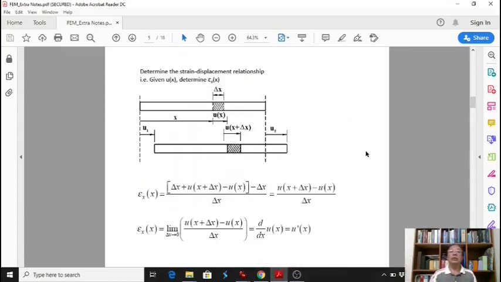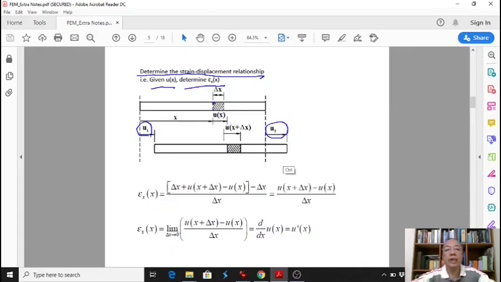Okay, so in the next slide, we will consider the bar element again. Determine the strain displacement relation given u(x), determine strain in x. This is the bar element. It displaces u1 at this end, and at the other end it displaces u2.